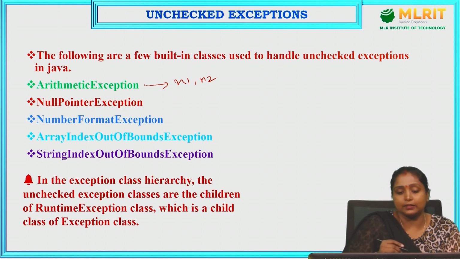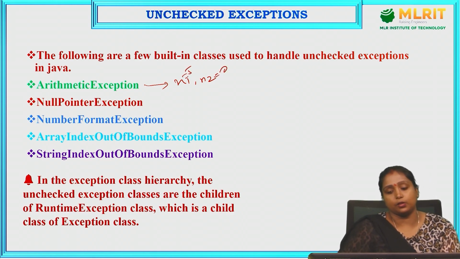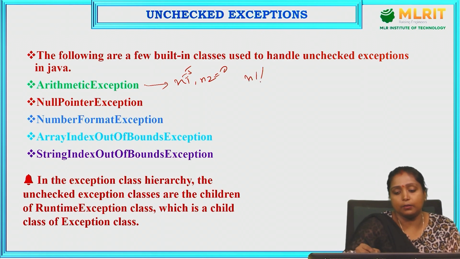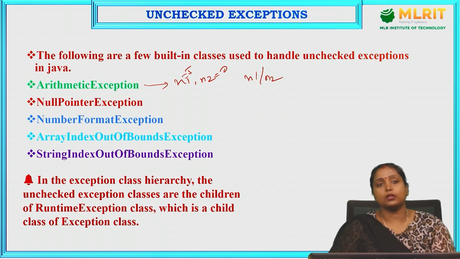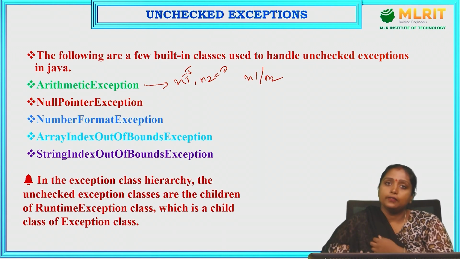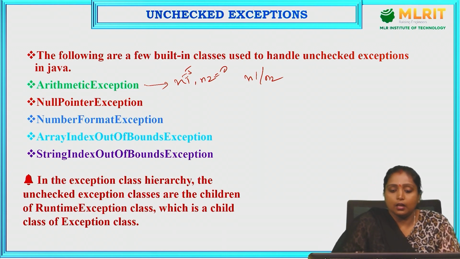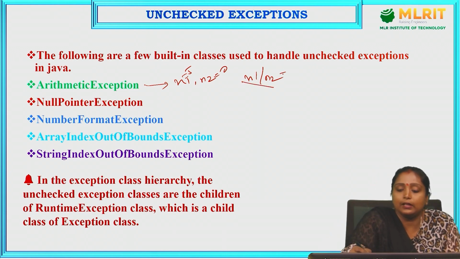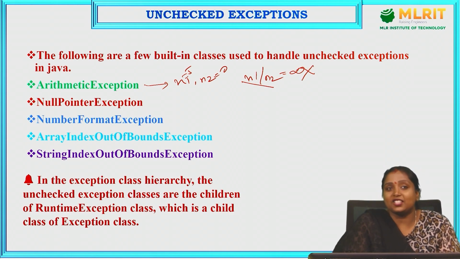He has entered n1 value as 5 and n2 value as 0. Based on the user values we are going to do the division, isn't it? So, this will lead to infinity, which is not correct. Such types of exceptions are called arithmetic exceptions.